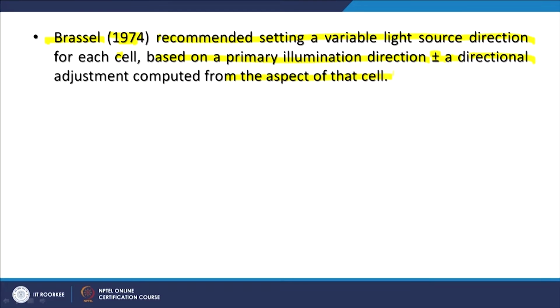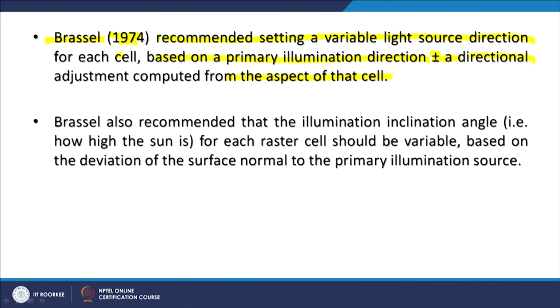Even in the first part, when we have a single source illumination, slope and aspect are also involved. So aspect and slope play a very important role in calculating hill shading, whether it is a single illumination source or multi-directional.